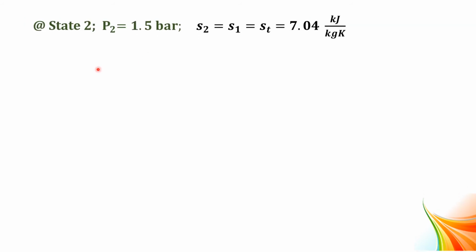Now we have to find the specific enthalpy, entropy and specific volume values at the exit of the nozzle. In our problem they have given P2 equal to 1.5 bar and S2 equal to 7.04 kilojoule per kilogram Kelvin. First we have to find the quality of steam at the exit of the nozzle.